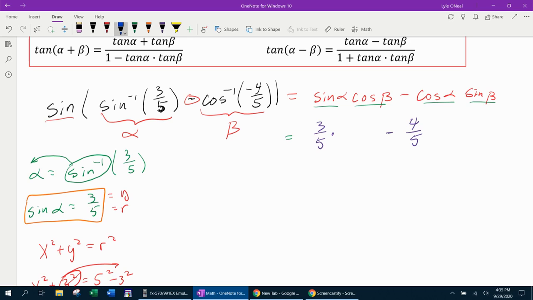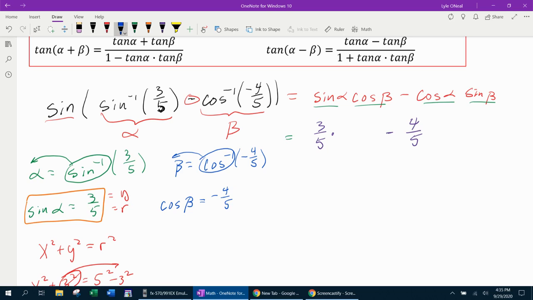Okay. So here we know that beta is the inverse cosine of -4/5. Bringing the inverse cosine over gives me cosine of beta is equal to -4/5.